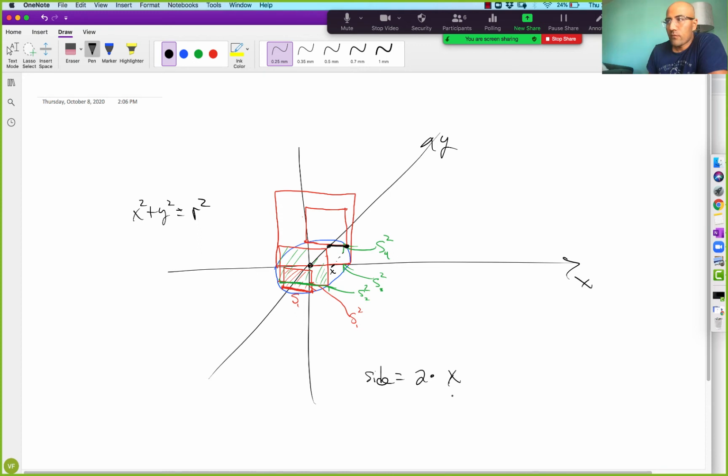Okay, well then I can solve it right here. That would be x squared equals r squared minus y squared. And so x equals the square root of r squared minus y squared.